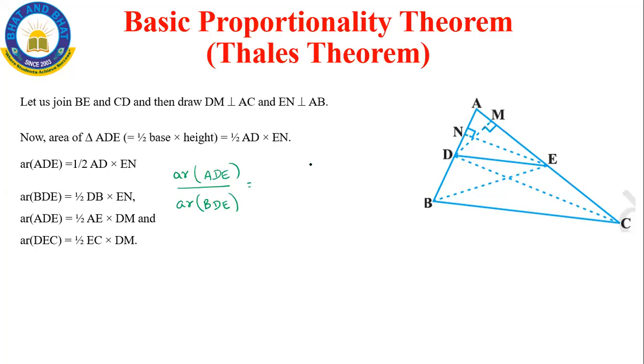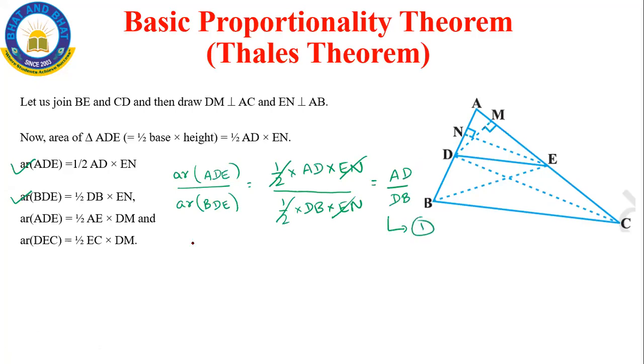Area of ADE is half into AD into EN, divided by area of BDE, which is half into DB into EN. I am making the substitution, students. Half cancels, EN cancels. What is the ratio I am left with? AD divided by DB. Let us consider this as equation 1.